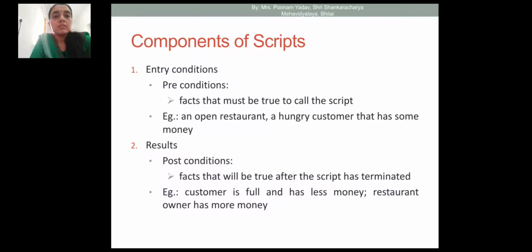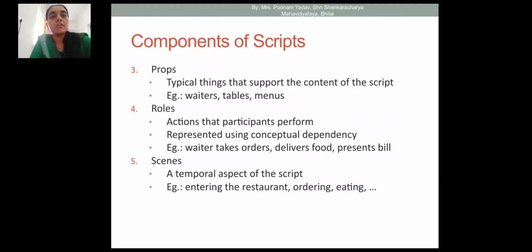Suppose the entry condition is an open restaurant, a hungry customer, and that the customer has money. Then an example result: the customer is full and has less money, and the restaurant owner has more money. Then props are typical things that support the content of this script, like waiter, table, menu.